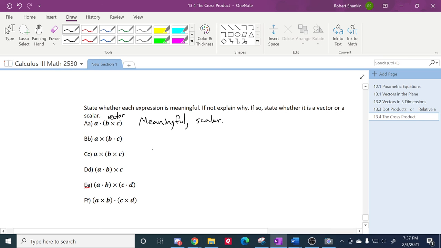Well, it's not meaningful because you can't take the cross product of a vector and a scalar, but you could multiply a vector by a scalar. But I guess we're viewing the x as a cross product, right? Yes, this does mean the cross product. So this makes no sense. And if you had to make sense of it, you would do exactly what you did. Say, all right, we'll call this multiplication of a scalar times a vector.